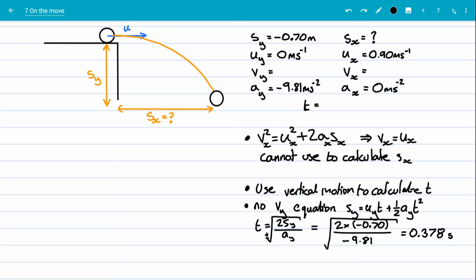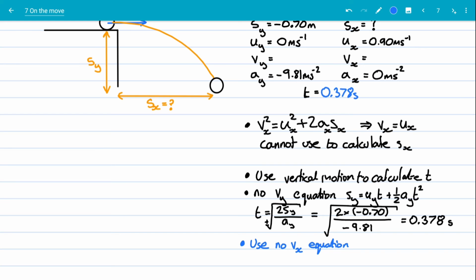Well, now I've got the time from stage 1, I can now fill that in, 0.378 seconds. I can now use no Vx equation, which will be Sx is equal to uxt plus half axt squared, but ax is equal to 0.